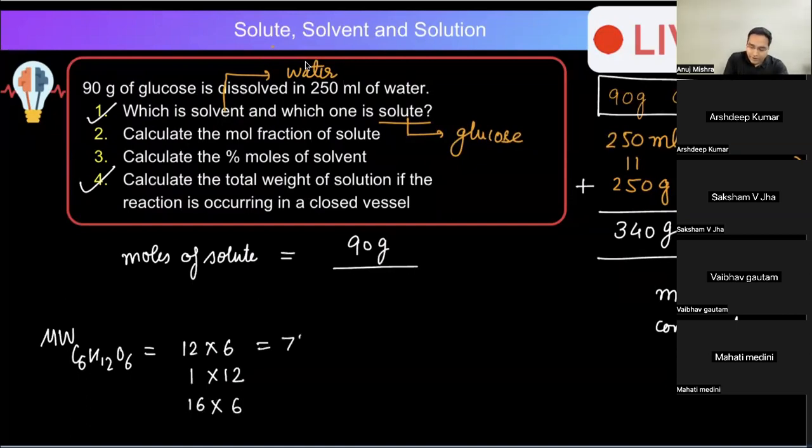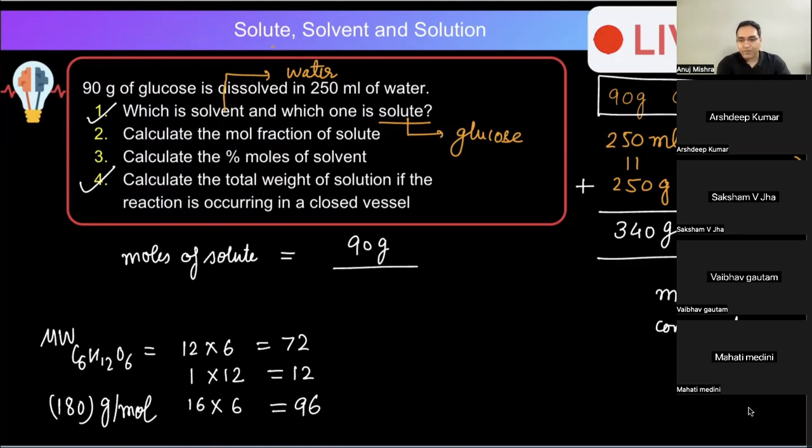So 72 plus 12 is 84, plus 96. It must come to 180 gram per mole. This will be the unit.